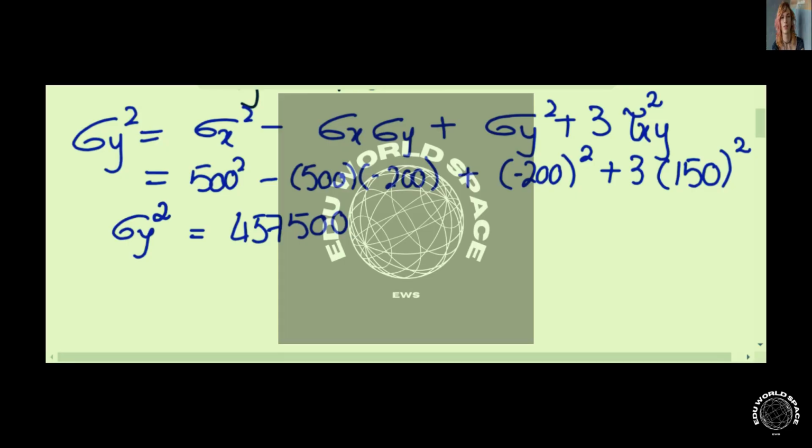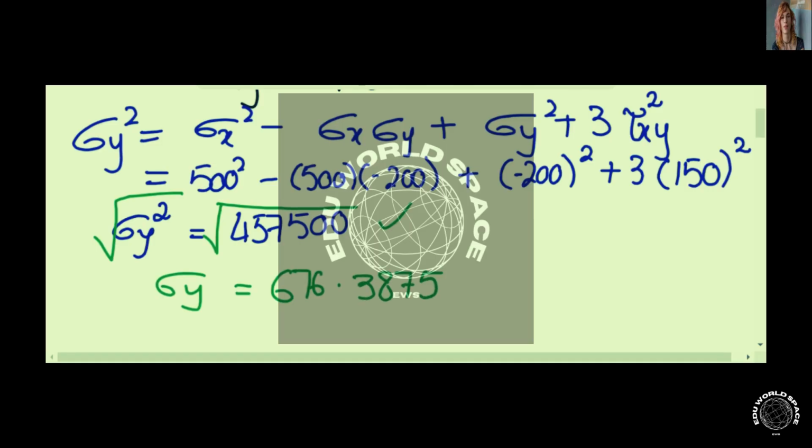Now I'm going to take the square root of this equation, and I'll get that sigma sub Y is equal to 676.3875 megapascals, right? And that is approximately equal to 676.4 megapascals.